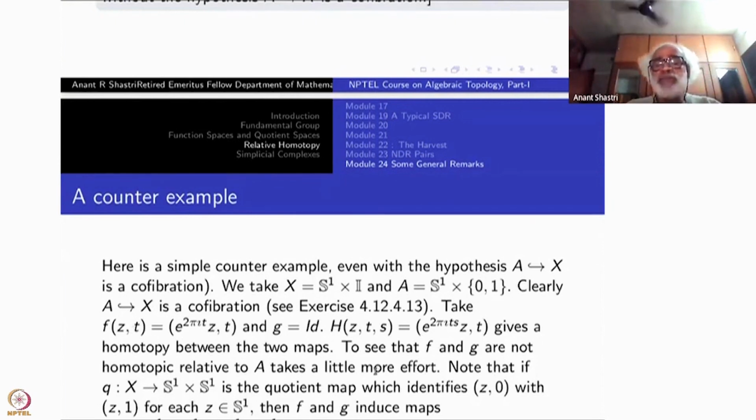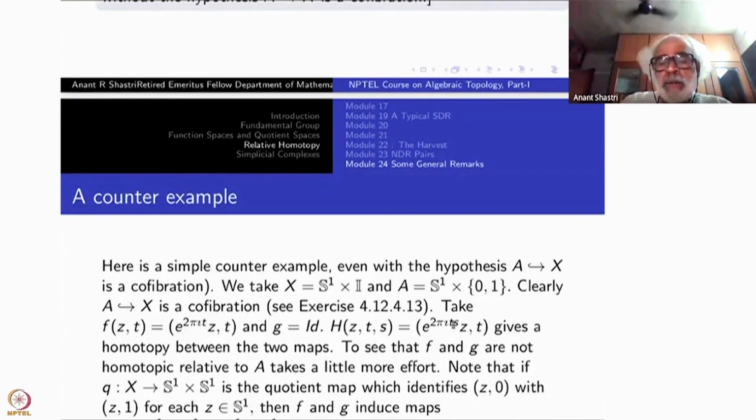So I have two maps here. Let us take H of (z, t, s), namely now it is a homotopy, S1 cross I cross I, e power 2 pi i (t plus s) times (z, t).